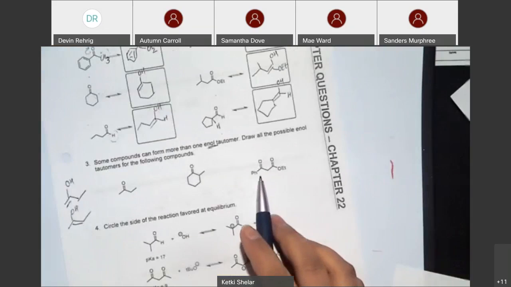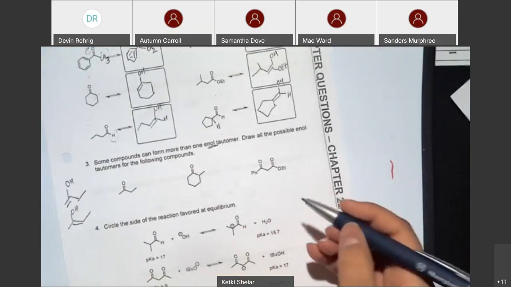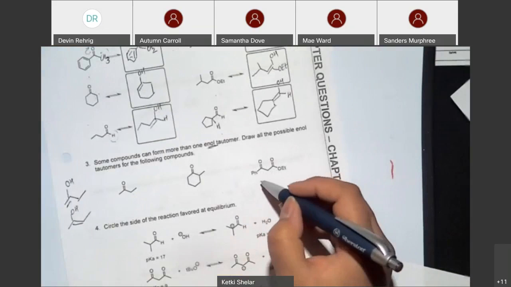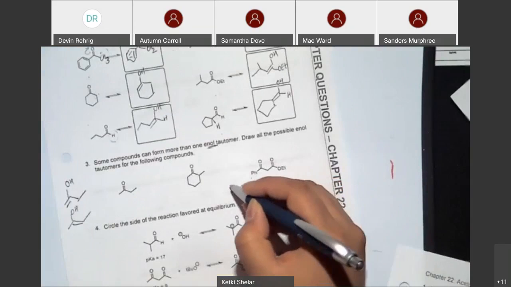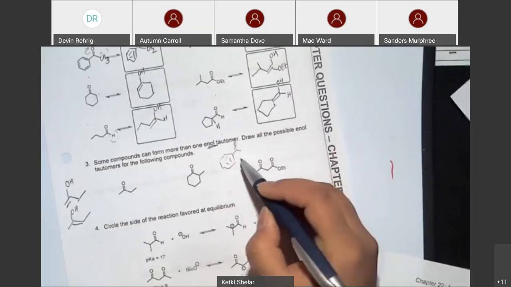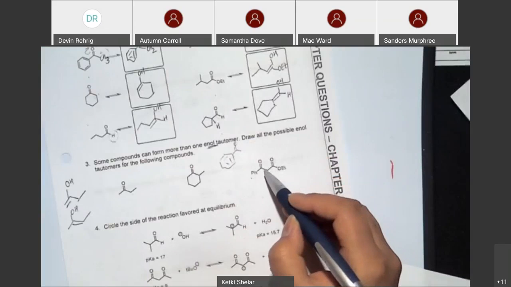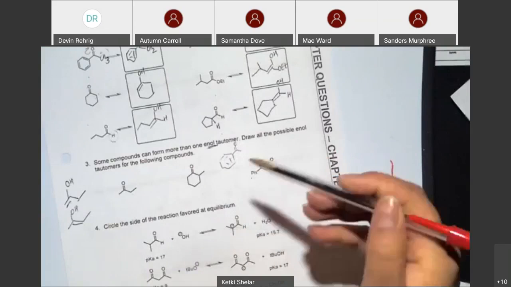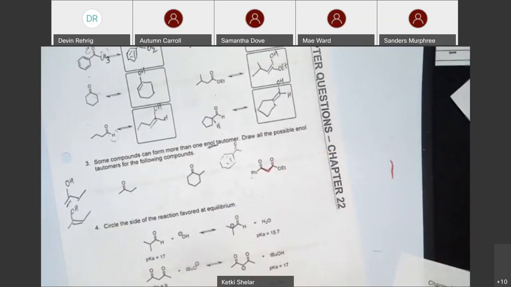For here, there are two carbonyl groups. How would the situation be? This phenyl means that there is a benzyl and there is this carbonyl, so there is no hydrogen here. You cannot have an enol at that site. The site where you can have an enol is only this site, right?